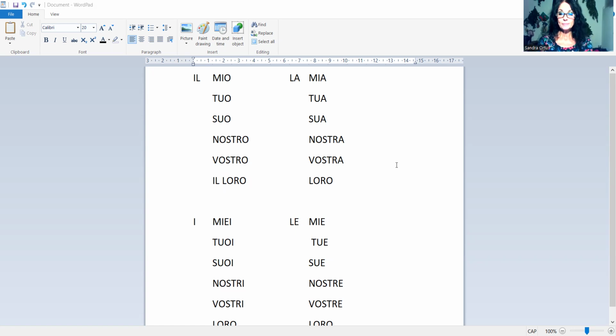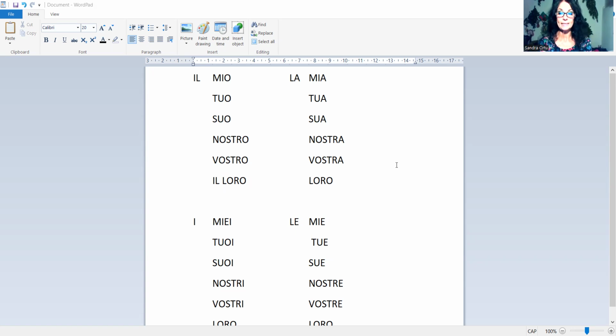So the very first difference between English and Italian, apart from what I've just said, is the fact that in Italian, in front of the possessive, we need the article. So the definite article, which I have written in front of each of these groups.